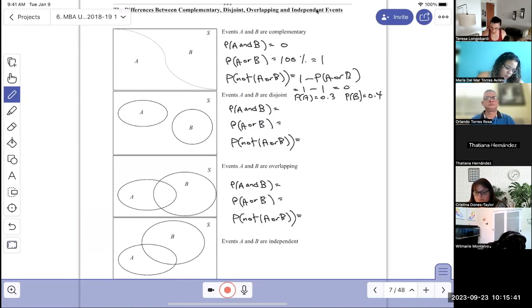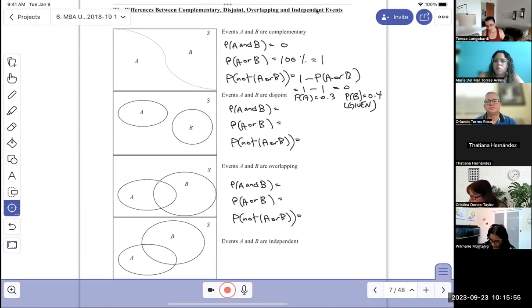So I give you those. That's given. You can't really see it in the graph. This is a Venn diagram, and it's used just to show you the concept of events, but you shouldn't go by scale and say, oh, this one looks bigger than that one, or anything like that.